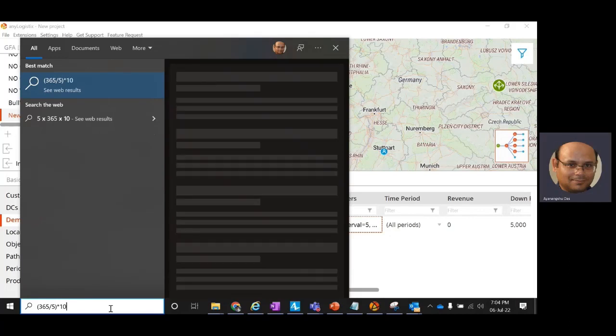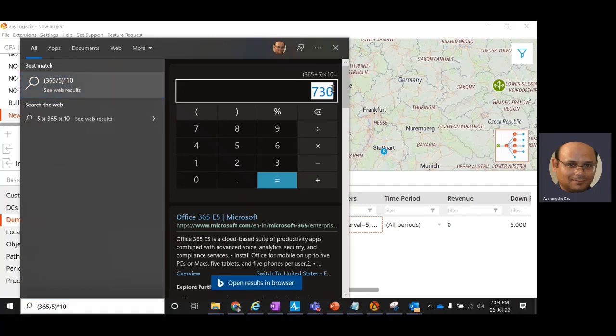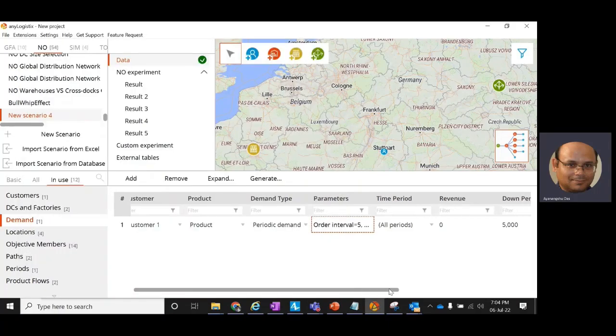So what we see is that there are 73 buckets if we have the demand every 5 days multiplied by the quantity. So we see that this is the total demand for the entire year, and that's what it is. We see that it is flowing between the entities.